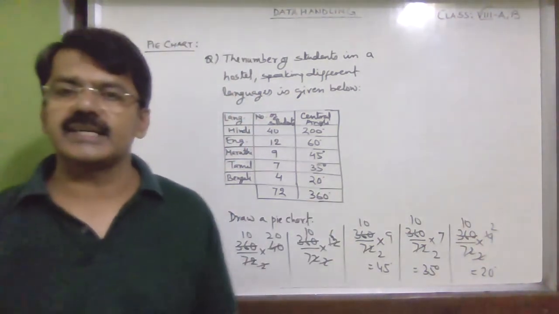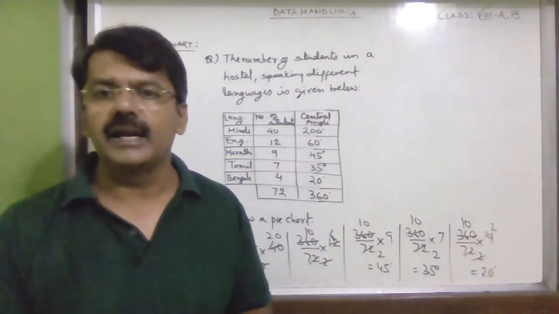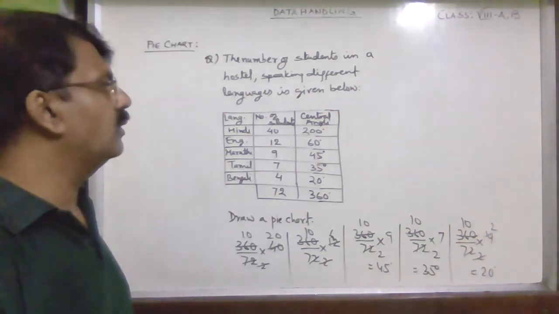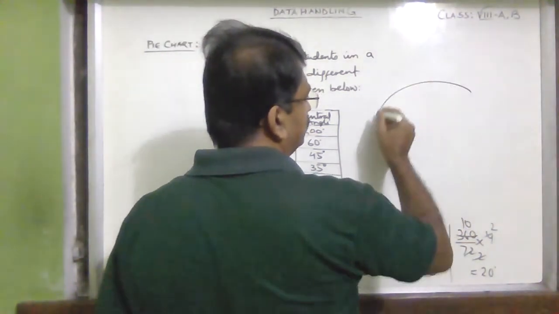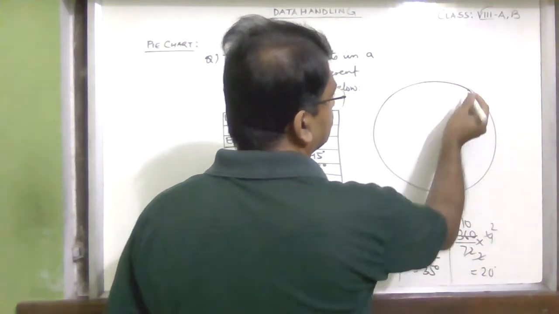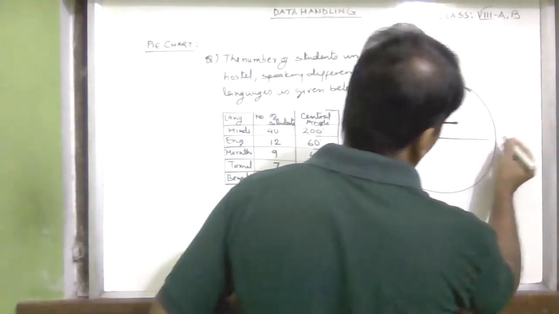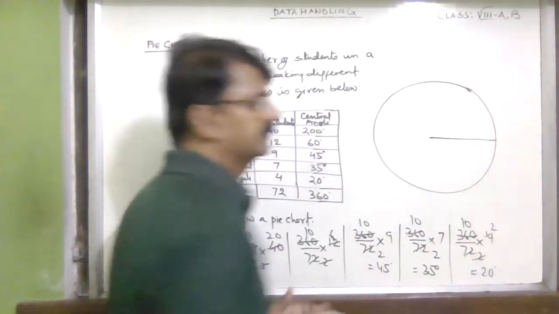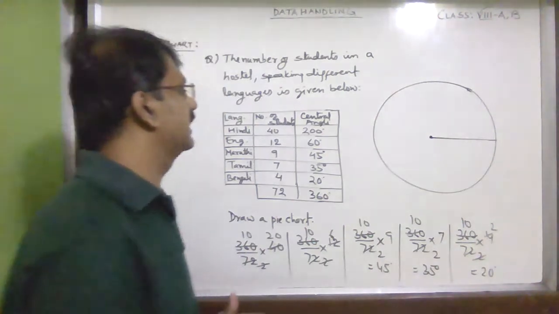If the sum is any different from 360, that means you must have made a mistake. Now we draw a circle using compass and draw one of its radius. That is the center of the circle.